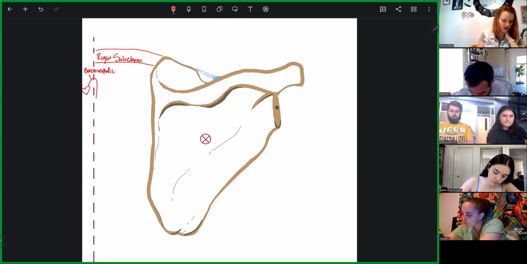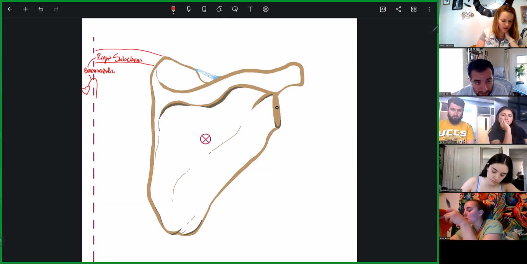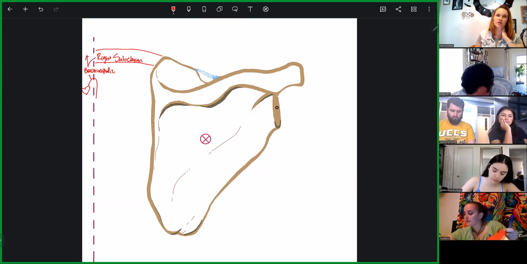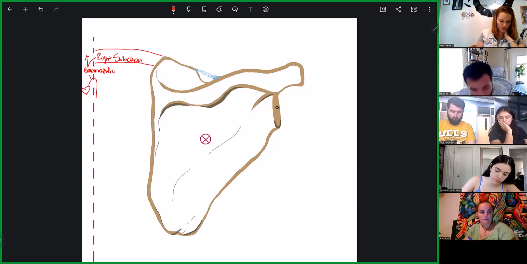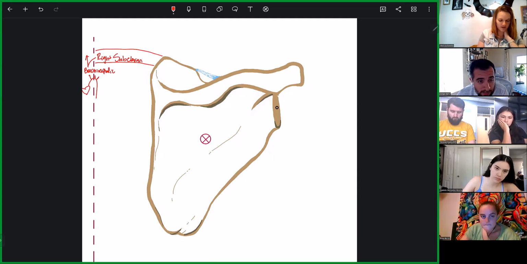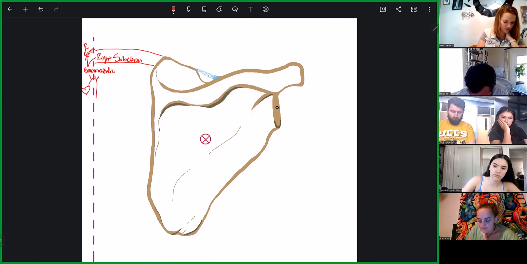This brachiocephalic will split up into the right subclavian and right common carotid. We're then also going to have that left common carotid and the left subclavian. So this would be my right common carotid.